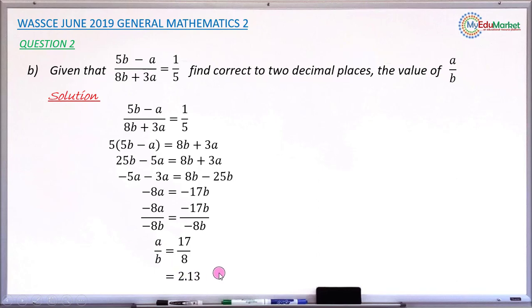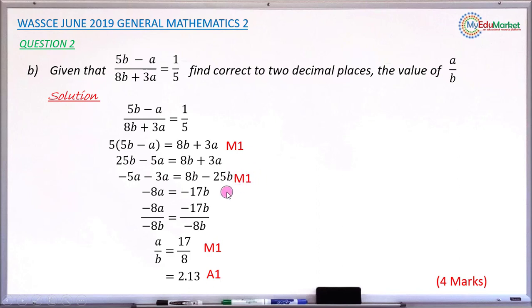Let me just share with you the mark distribution for this question as contained in the marking scheme. The very first mark is a method 1 mark, for cross multiplying correctly. After cross multiplying and collecting terms in a on one side and terms in b on the other side, you have another method 1 mark.